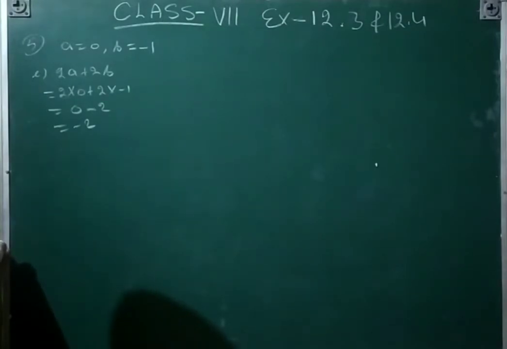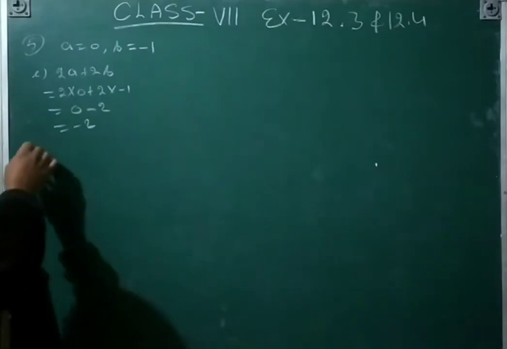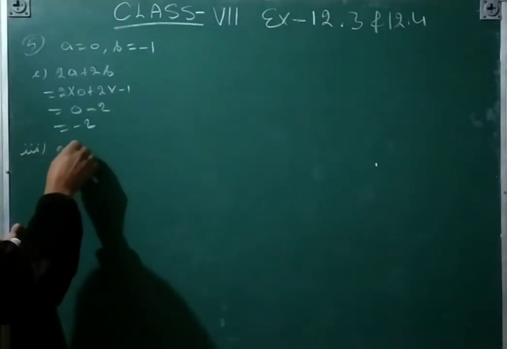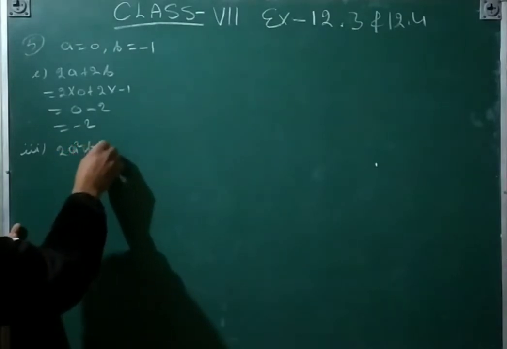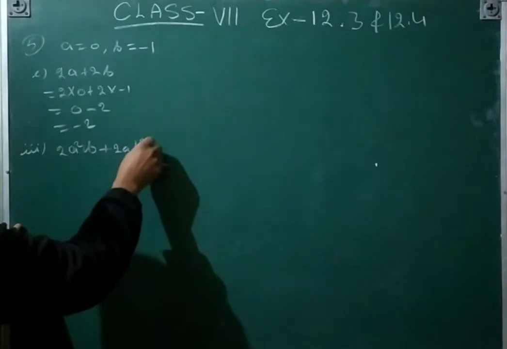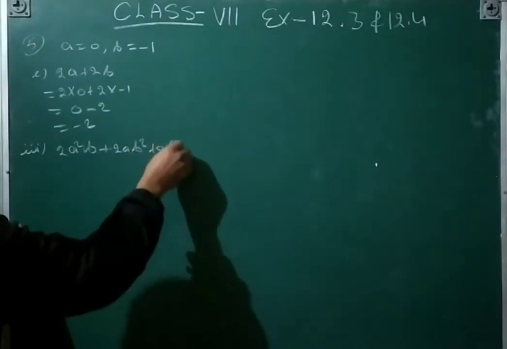And then second part, you can do: 2a square b plus 2ab square plus ab.